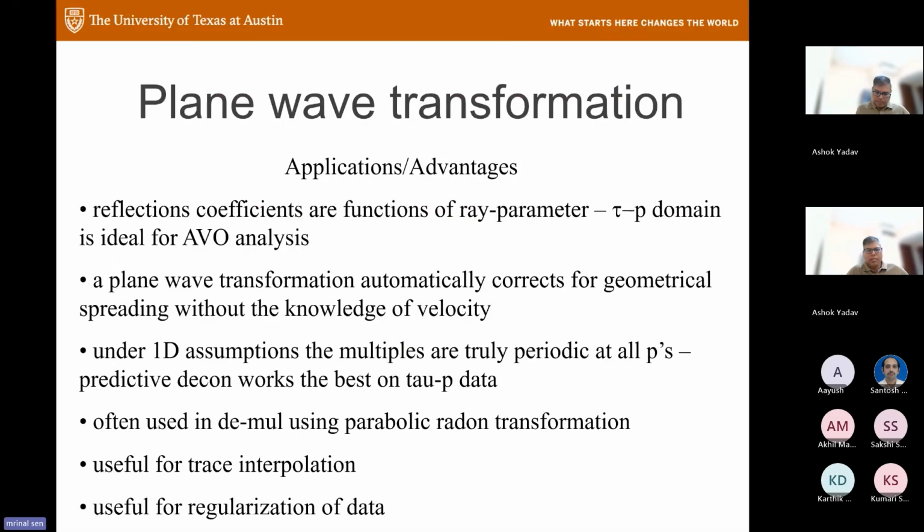One important thing, again, I will revisit this today only: reflection coefficients. We talk about that a lot. Do you realize that if you look at the derivation of Zoeppritz's equation and any other approximations thereof, these are functions of ray parameters?